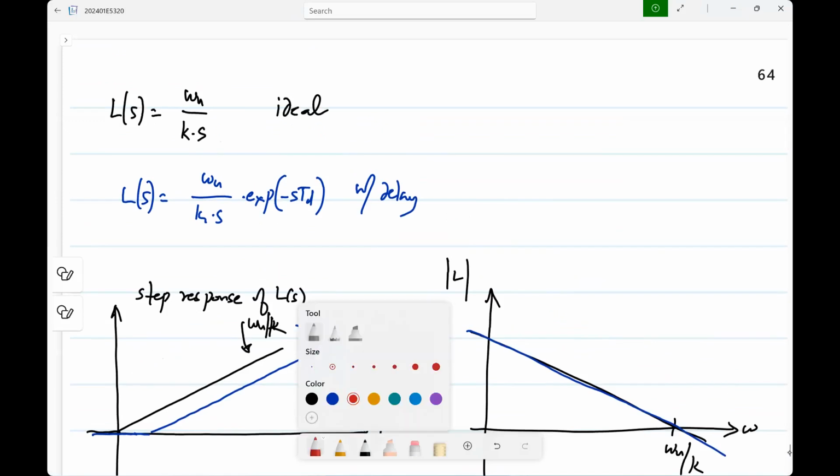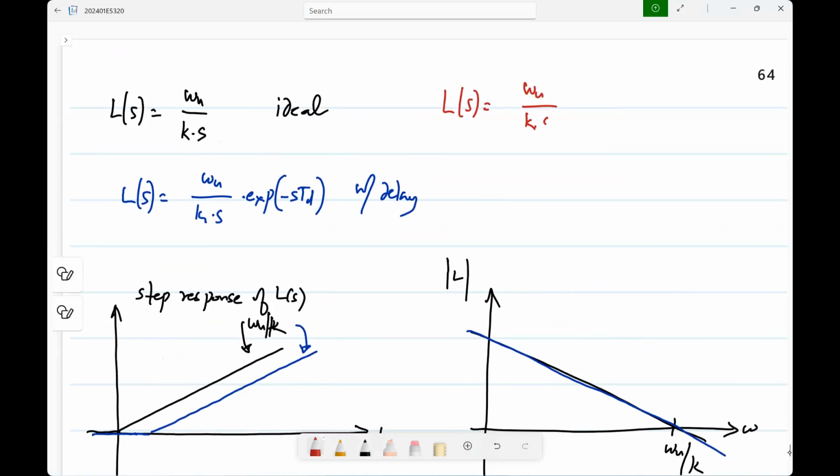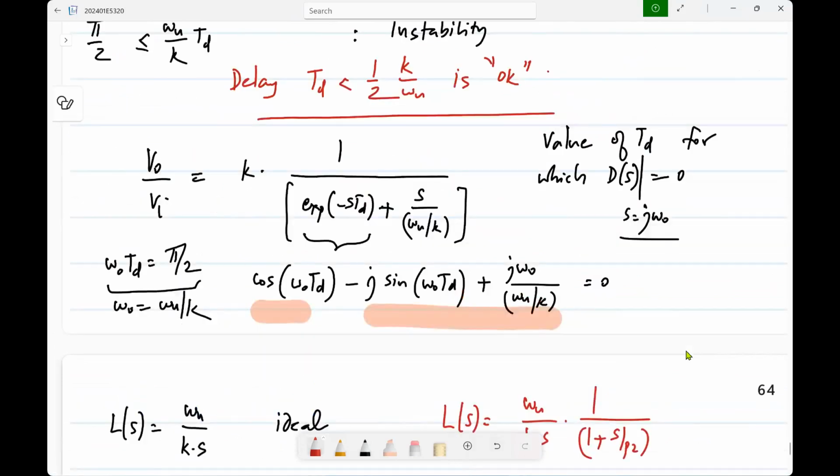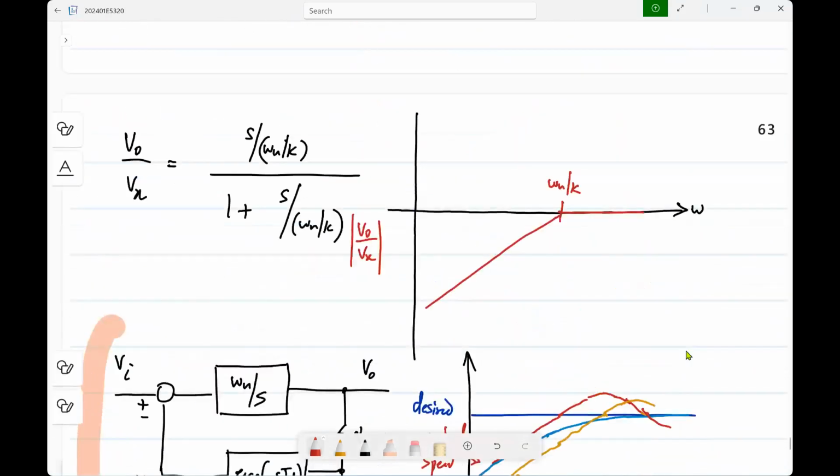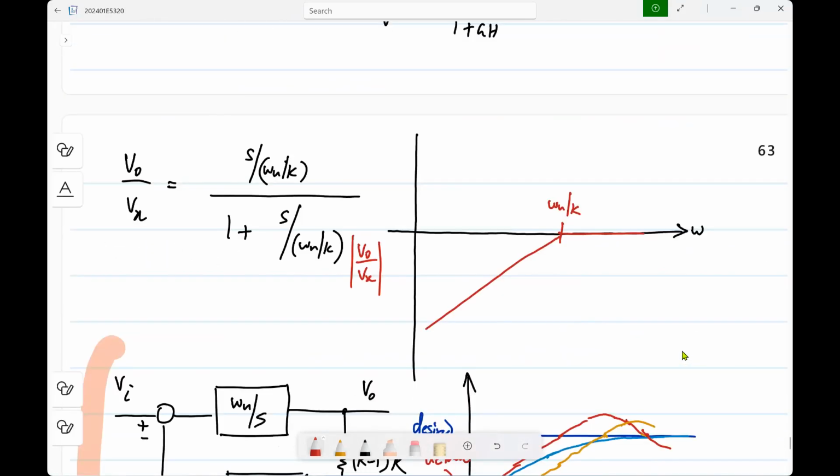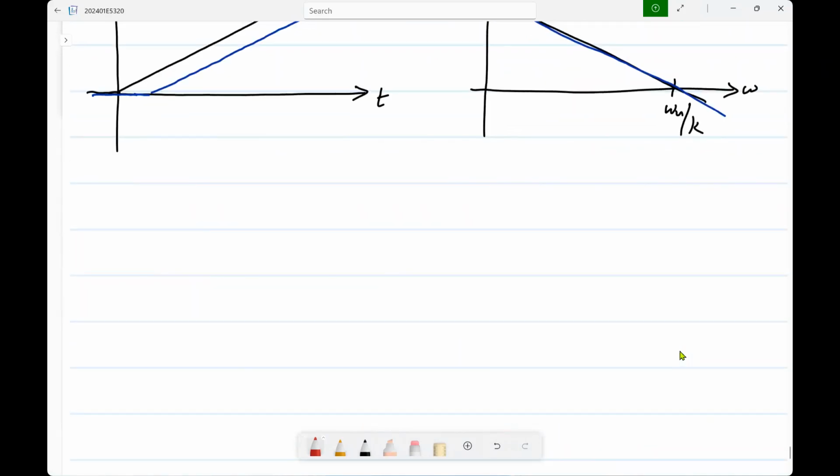Now, let's say I have an additional pole. This is what you expect in circuits. You have some parasitic capacitor, like for instance, let me go back to the ideal. Let me redraw it.